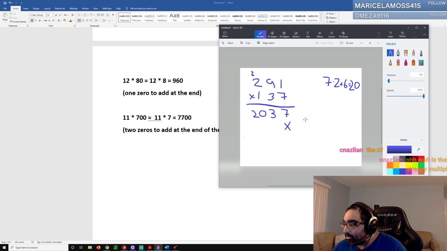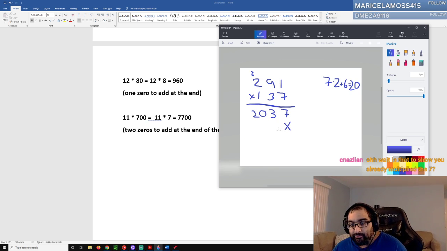All right. So yes, this also shows that I've already multiplied the 7 and I'm moving on to the 3. That's what the cross is also there for. That's correct. So again, this is a way to keep yourself organized, okay?